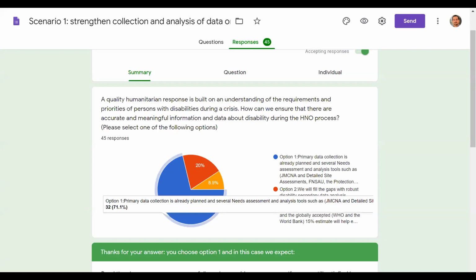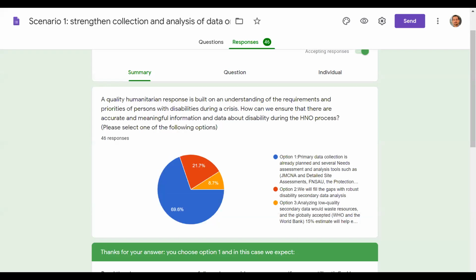But what I'm seeing here is that around 70% of you feel that the best option of the three is to collect new primary data. And there are lots of reasons why that's a really great choice. When you use the Washington Group questions or another internationally recognized way of producing consistent results, you get a data set that you can correlate with lots of other factors.